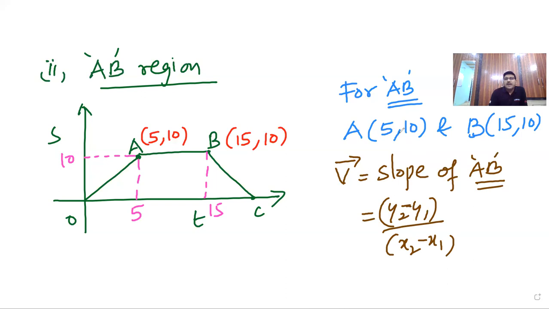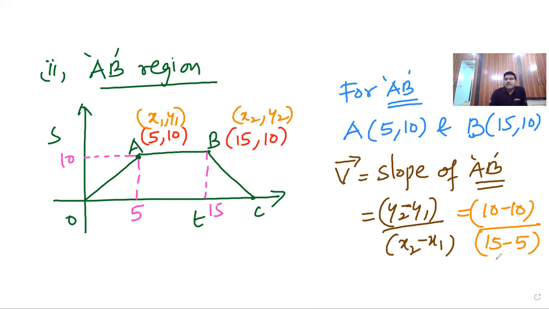Taking A as x1 comma y1 and B as x2 comma y2, this becomes y2 10 minus y1 10 divided by x2 15 minus x1 5. So 10 minus 10 is 0, 0 by 15 minus 5, 0 by 5, which is equal to 0 meter per second.